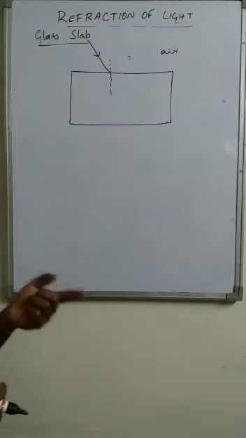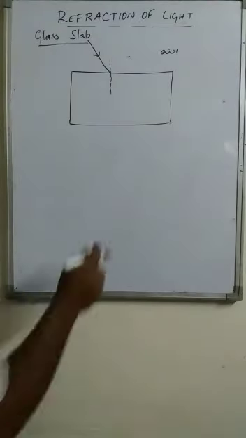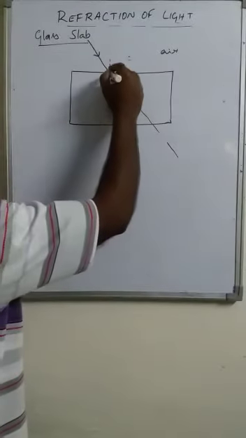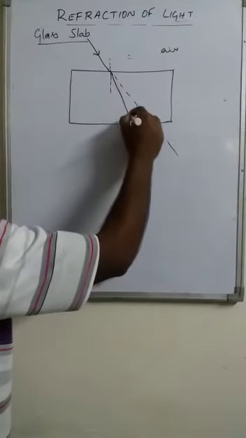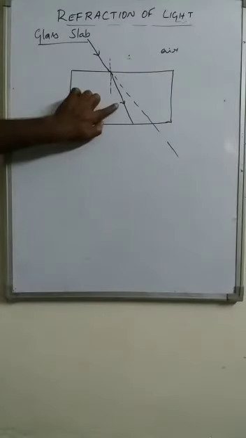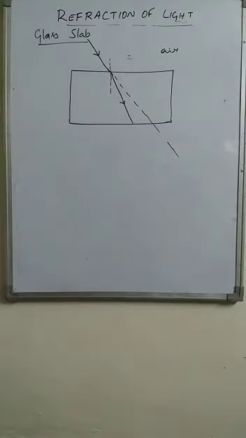If a light ray enters from rarer to denser, it deviates towards the normal. If the medium is not changing, it must travel along a straight line. Because of the change in medium, it deviates towards the normal, so it will deviate in this direction. Now this is the refracted ray, the light ray that travels inside the glass slab after refraction.